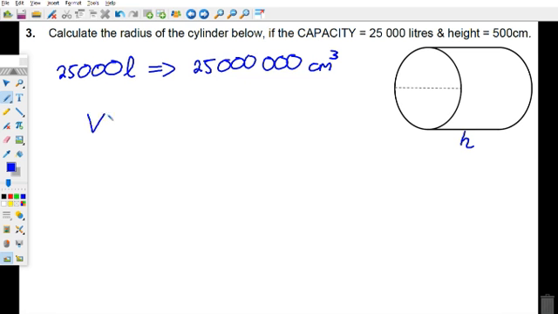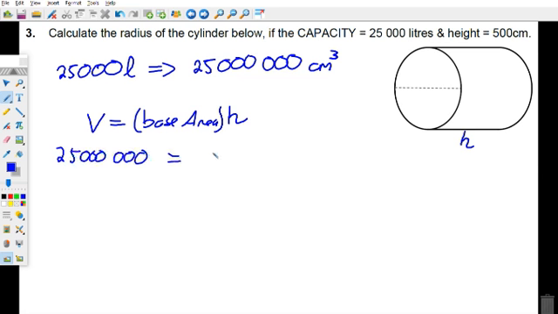So volume is equal to my base area multiplied by my height. Now what's my base area? What is my base shape? It's a circle. Yes. So volume is 25,000,000 equal to pi r squared.